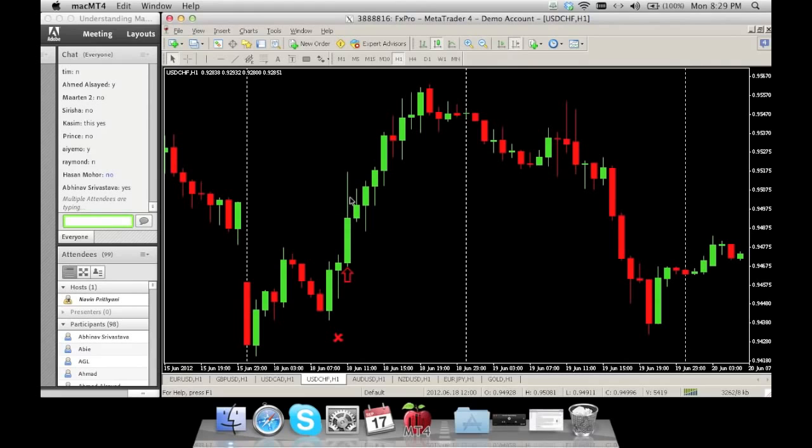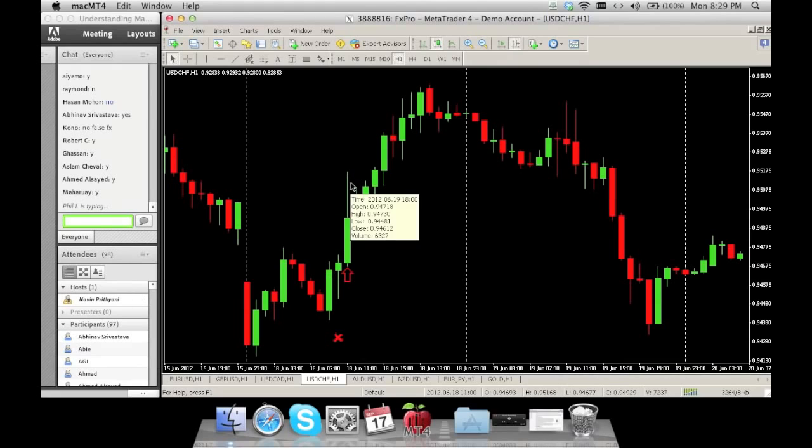Let's say this particular candle closed. It closed and we are here. We had a low, higher low, higher low. We had a high, higher high, and a higher high. We can clearly see the market is in an uptrend. So we have a trend.